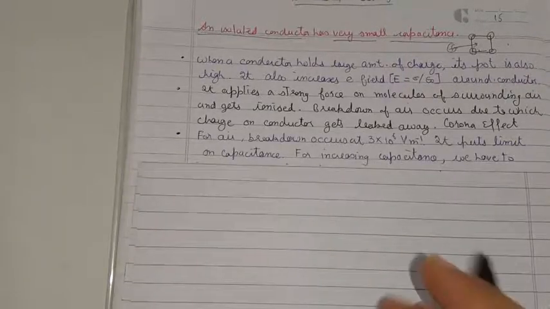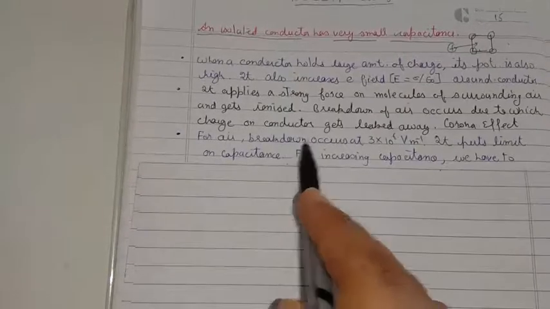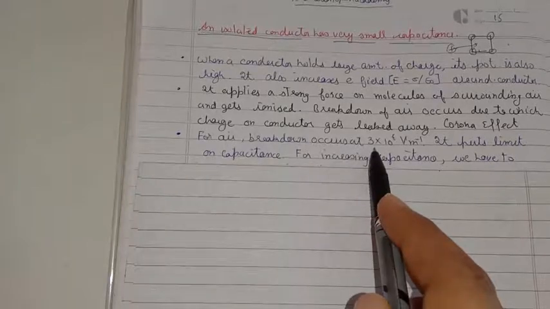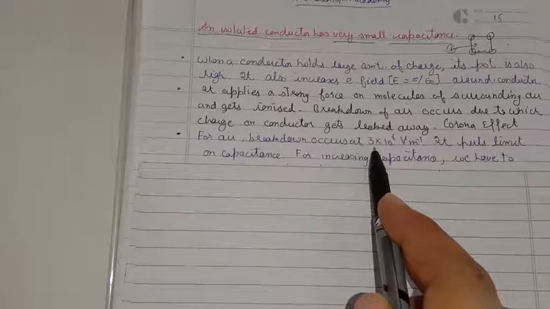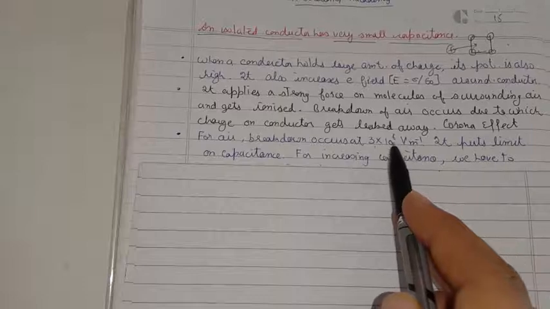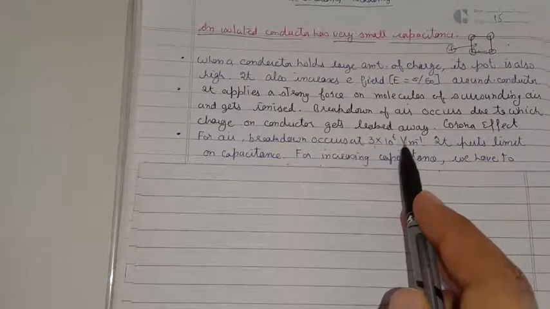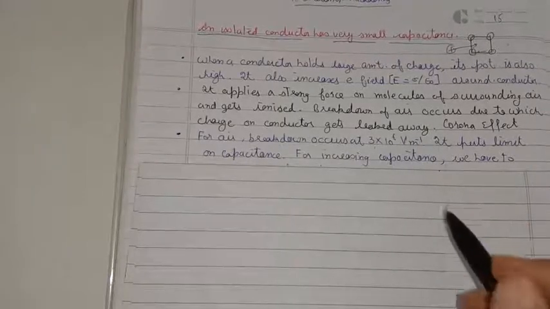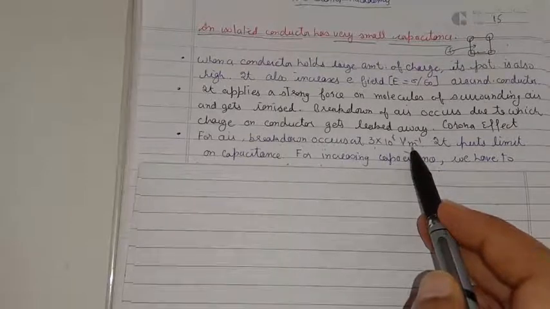For air to break down, the amount of potential difference that should be there is of the order of 3 into 10 to the power 6 volt per meter, or it is equivalent to 3 kilovolt per millimeter.